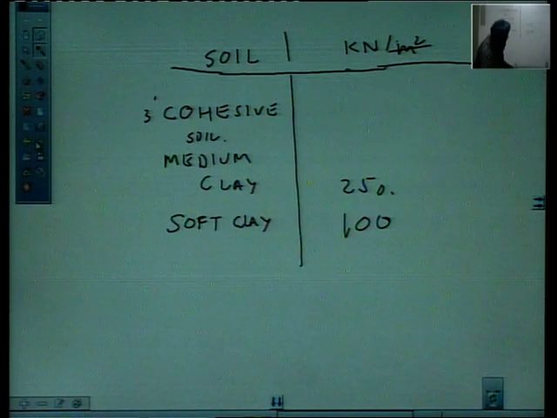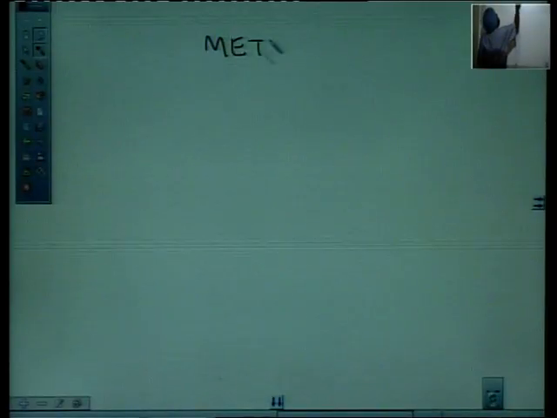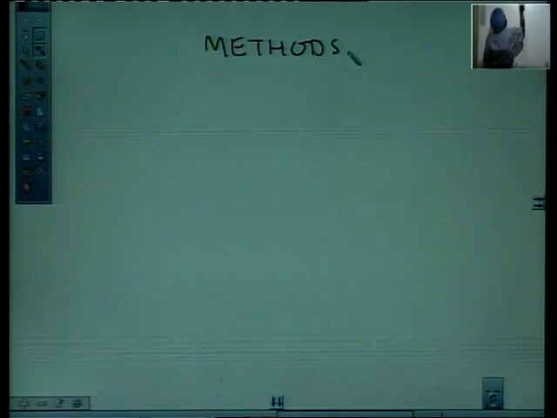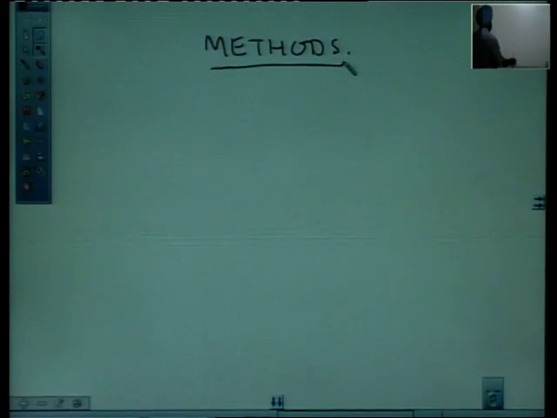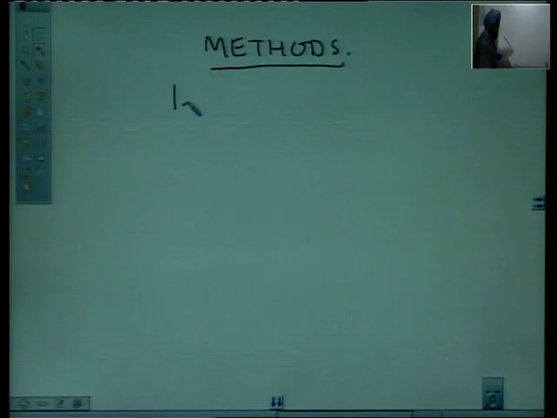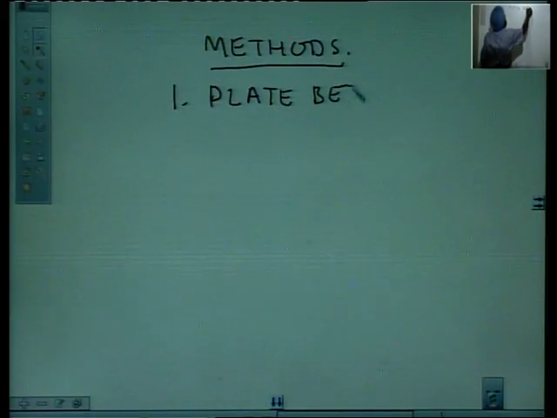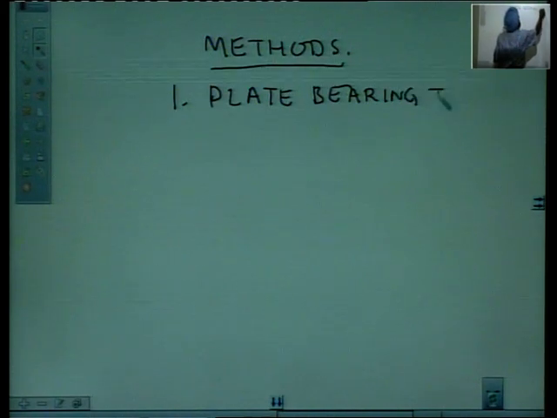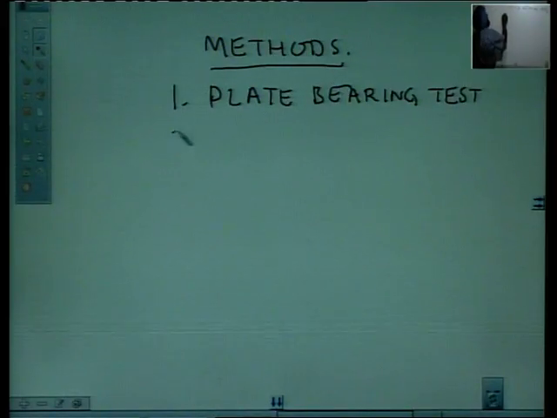Then we are having methods for finding out bearing capacity. Number one is plate bearing test, and number two is method of dropping weight.